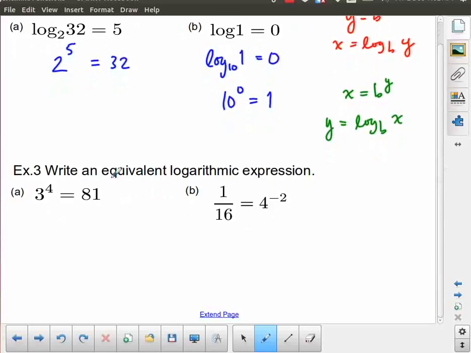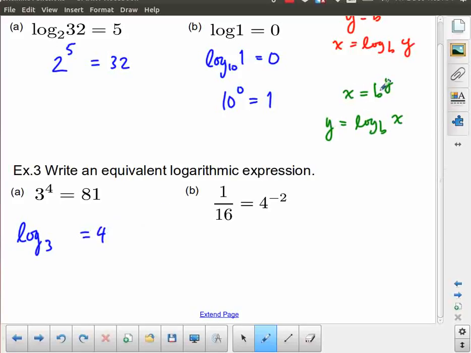Just to show you, I used the red one there. I just want to show you the green one is just the same. I'll use that for these ones. 3 to the power 4 equals 81. 3 to the power 4. B to the power y. So 3 is my b. So that means it's going to be log base 3. My y value was 4, but that means 4 is going over here on the outside, equals 4.